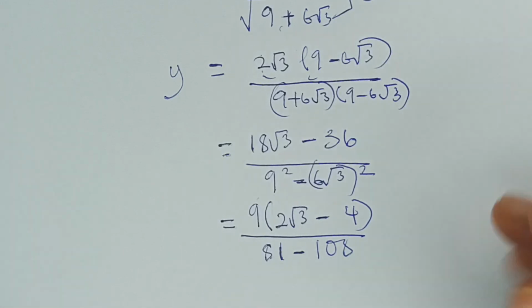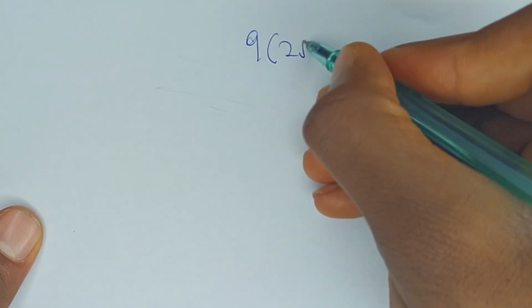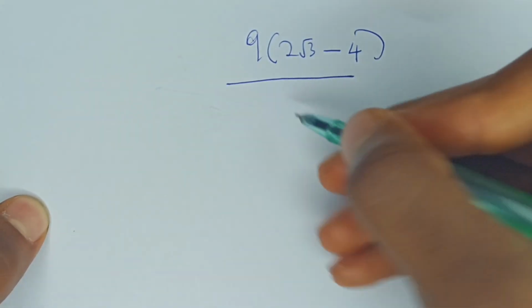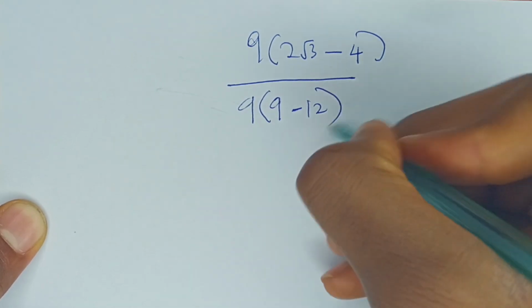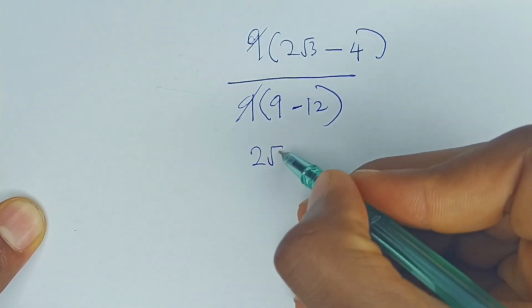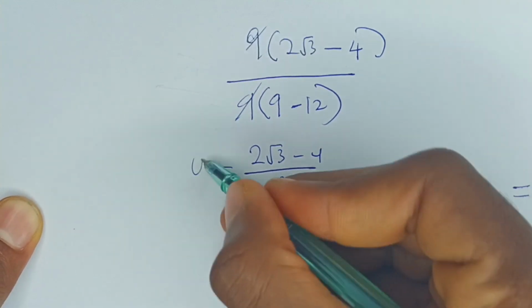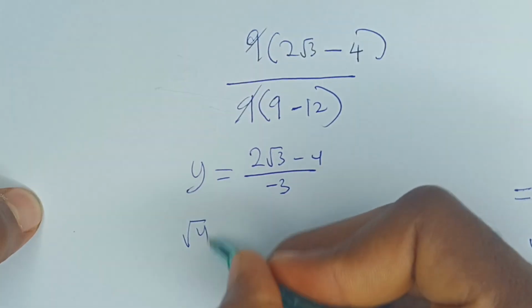Okay, so moving on, we have 9 into 2 root 3 minus 4 divided by 9 into 9 minus 12. 9 strikes 9, so we have 2 root 3 minus 4 all over negative 3 to be equal to y. But recall we are required to find square root of y.